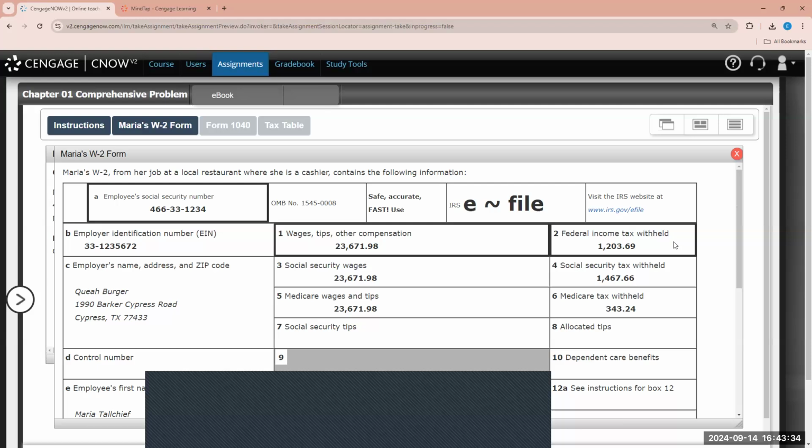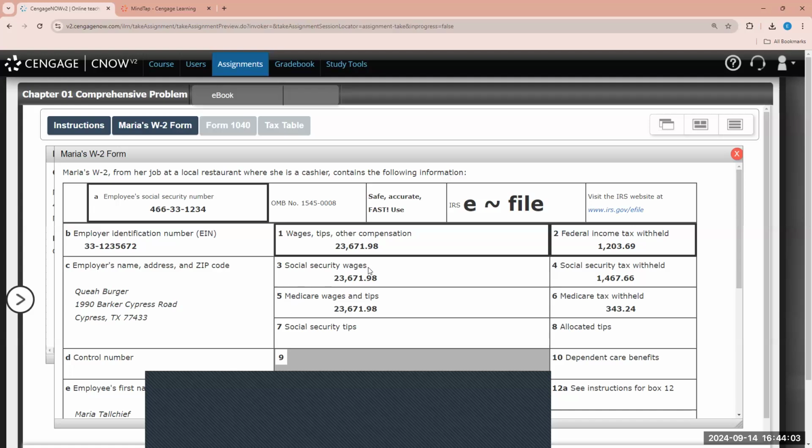And this box ultimately determines whether or not an individual is going to get a refund or if they're going to have a balance due. So this is essentially when you are working a job and you complete what's called Form W-4. On that Form W-4, that ultimately lets the employer know how much taxes are going to be withheld from your paycheck, right? Box 3 and box 5, this represents Social Security and Medicare wages.